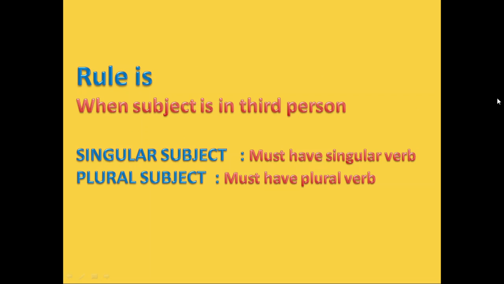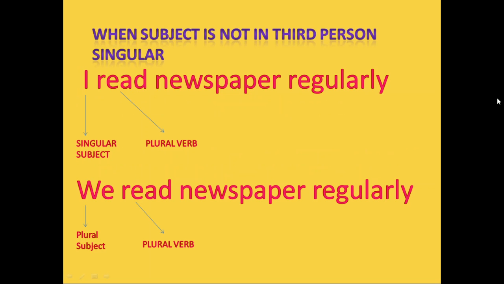According to the rule, when subject is in the third person, singular subject have singular verb and plural subject have plural verb. Now, when the subject is not in the third person, singular. I read newspaper regularly. In this sentence, I is a singular subject and read is the plural verb. We read newspaper regularly.